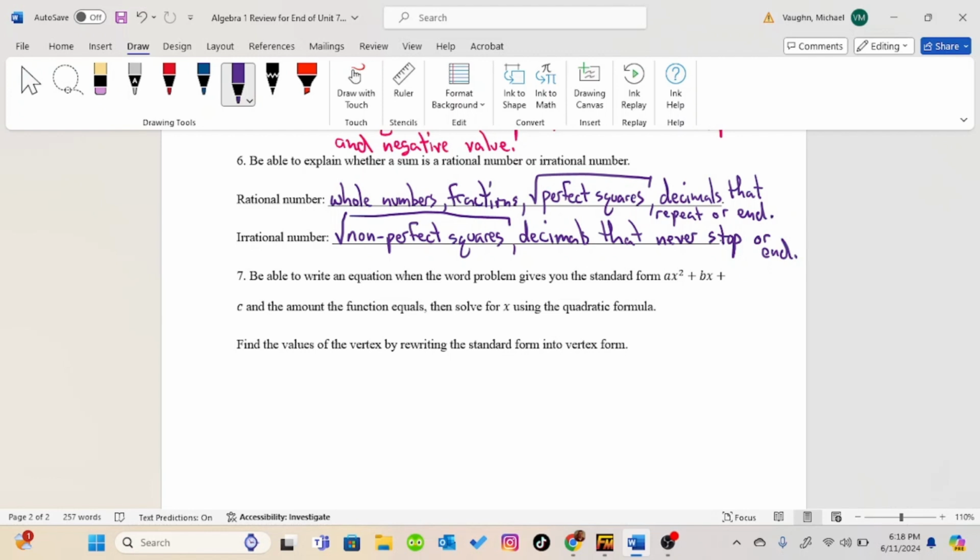But whole numbers are rational because they can be written as themselves over 1. Fractions are rational by definition. Square roots of perfect squares are rational because they become whole numbers, which can be written as themselves over 1. And decimals that repeat or end will be able to be written as fractions, such as 0.333 repeating is 1/3, or 0.25 is 1/4.